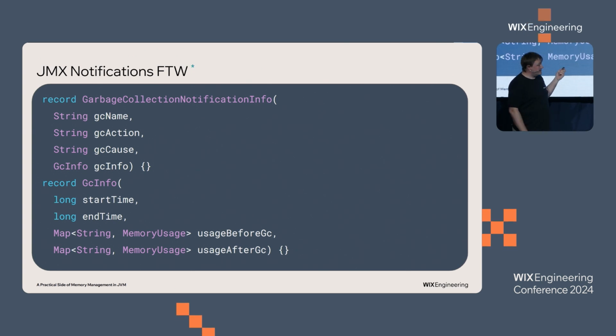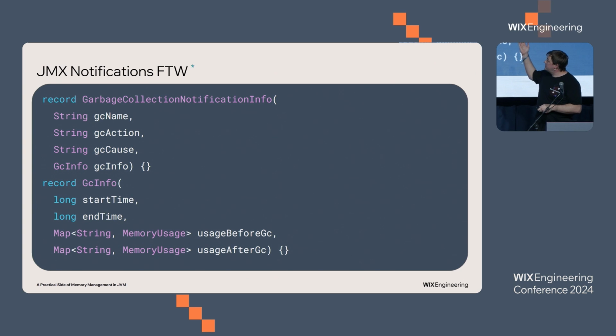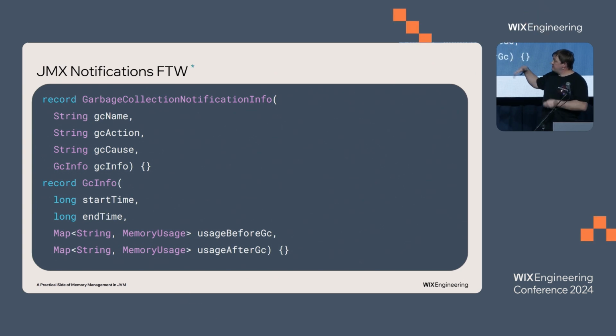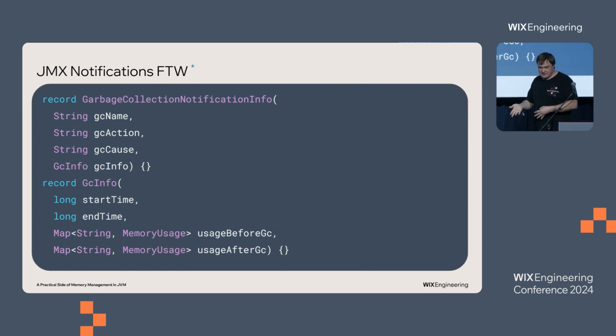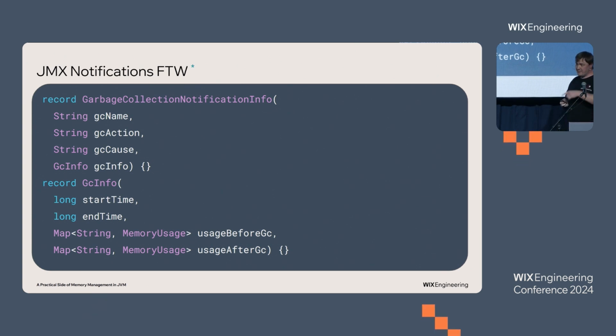So we receive this data for each garbage collector. The action, the cause, what caused this garbage collection, and the most important, we get the start and end time and usage before and usage after. This map basically contains the memory pools of the garbage collector that we talked about before.